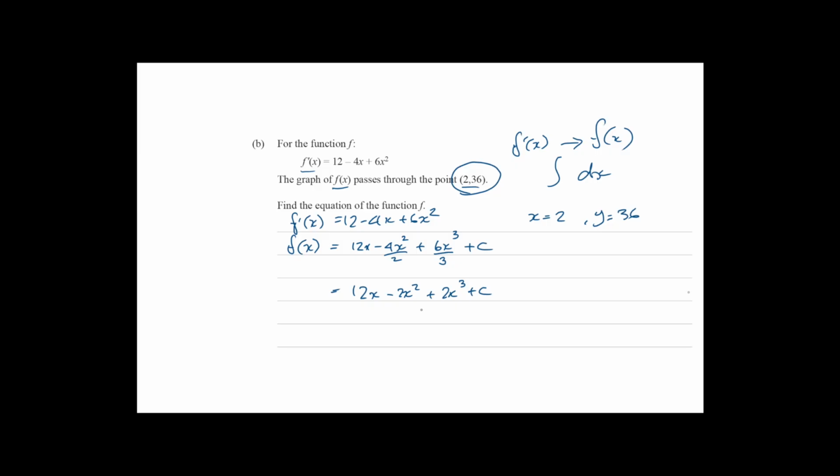So we can use that to solve for c. So let's plug in the 2. So 12 times 2 minus 2 times 2 squared plus 2 times 2 cubed plus c equals 36.